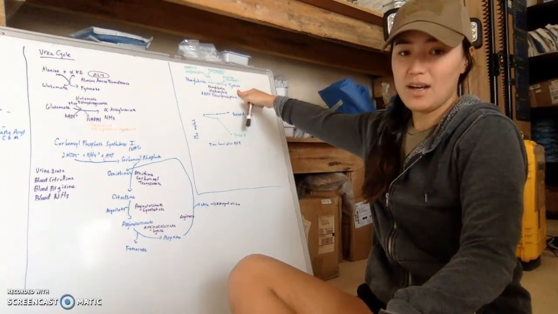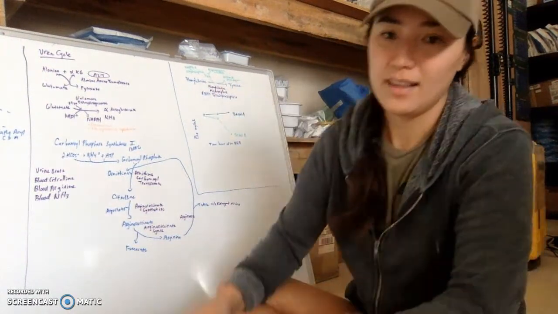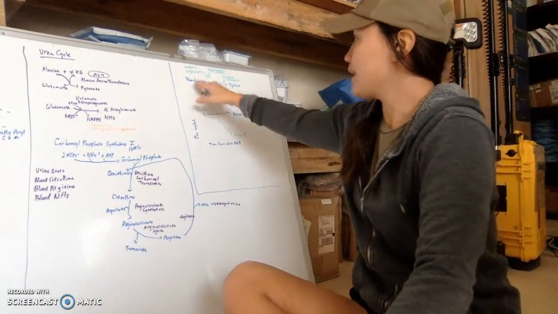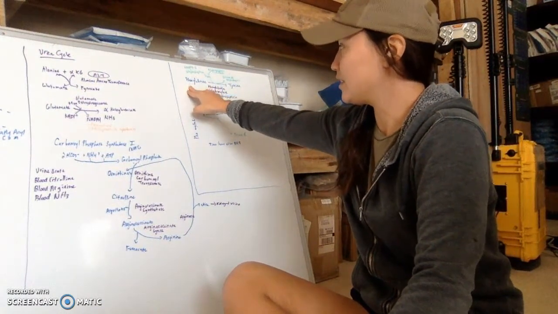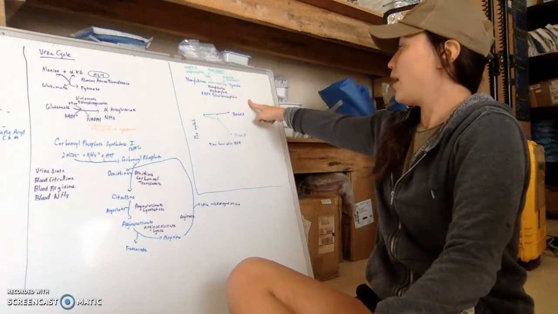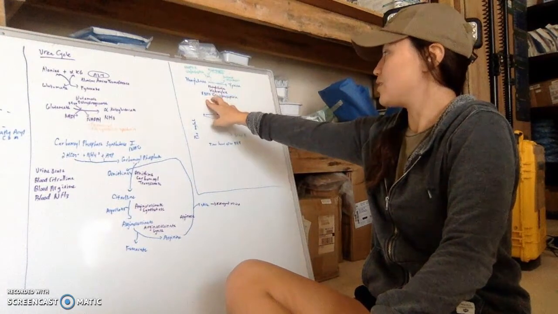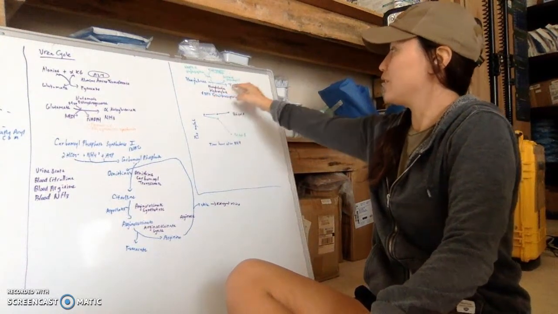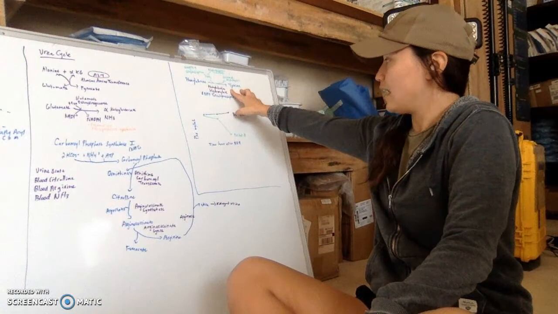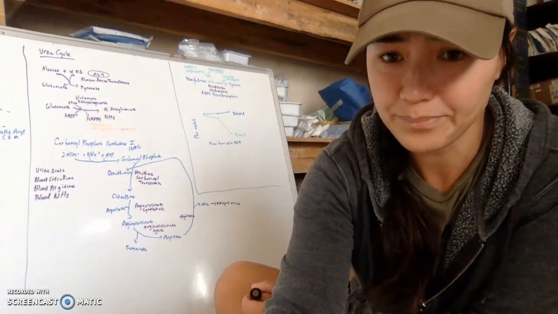So tyrosine, we don't have to get from our diet because we can just break down phenylalanine into tyrosine. But if we have a problem breaking down phenylalanine and we have elevated levels of phenylalanine and phenylketonuria, then we probably have a deficiency with either BH4, tetrahydrobiopterin, or phenylalanine hydroxylase. And so we're unable to form that tyrosine, so we're going to get that tyrosine from our diet.